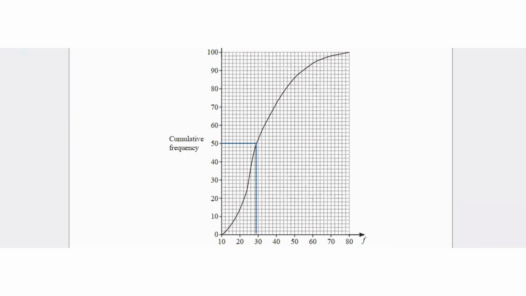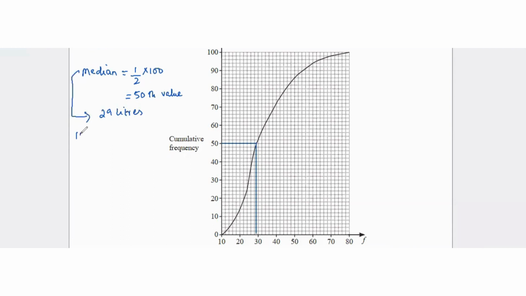That means we do half of 100, which is 50. So we find the 50th value. The 50th value puts us between 28 and 30, that's 29. So 29 liters is your median for the fuel.